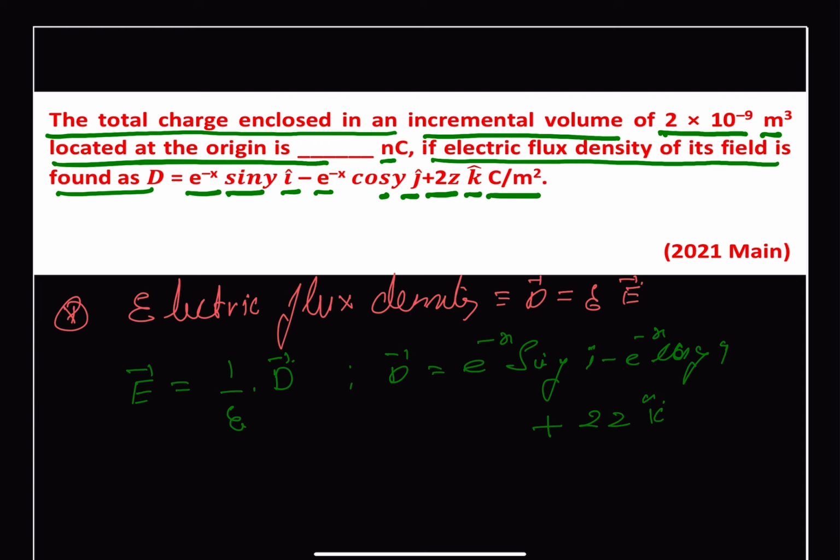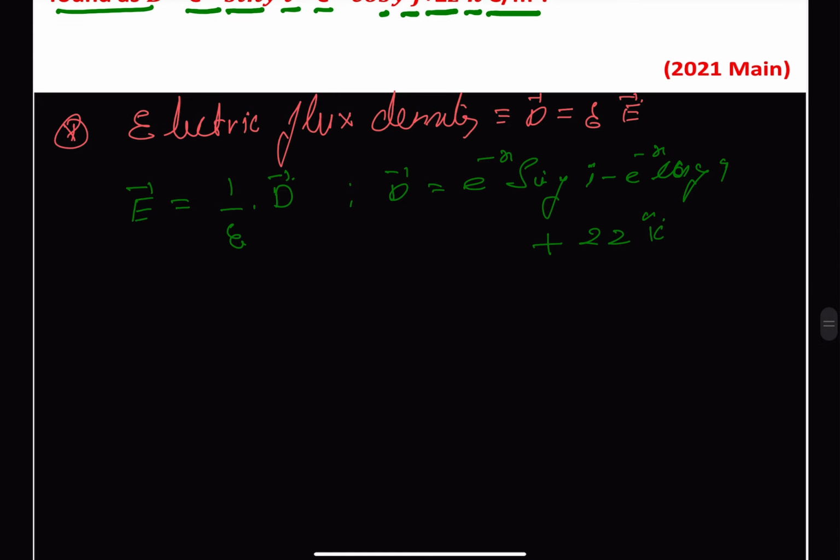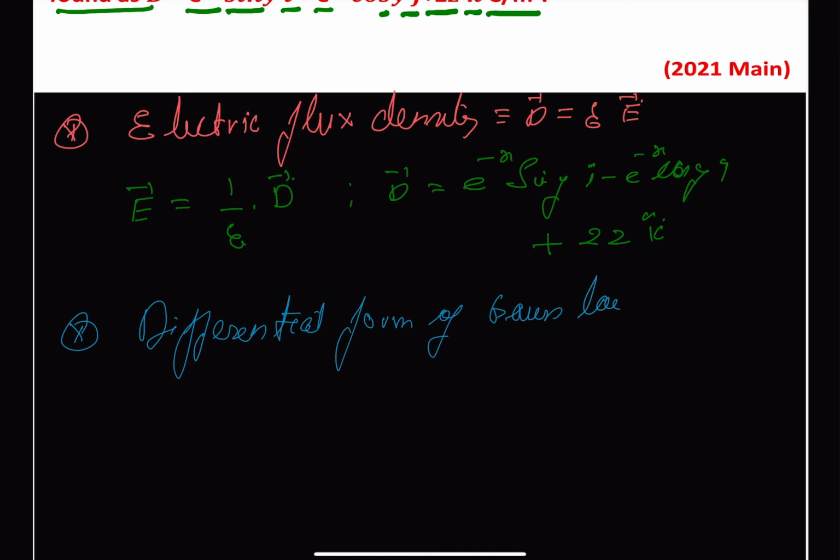So it means this density is dependent upon our x, y and z basically. So we are going to use the differential form of the Gauss law.